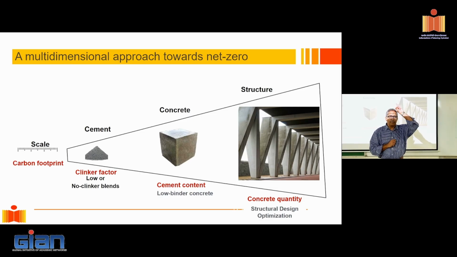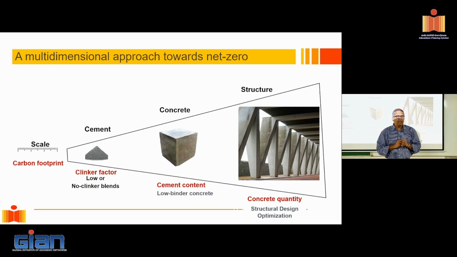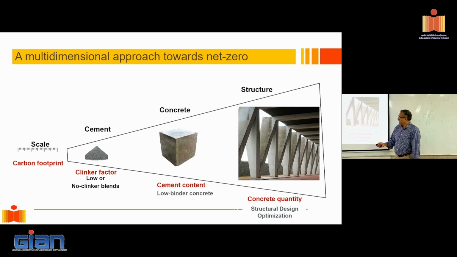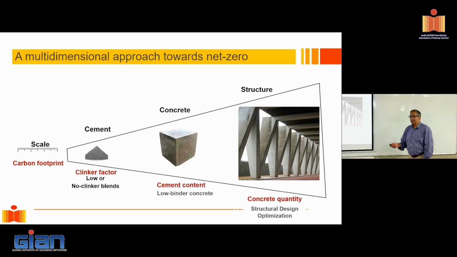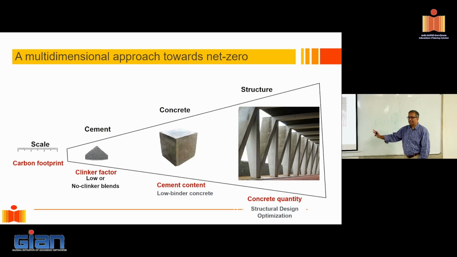Larger aggregate, better packing. If I really pay attention to that, what happens? My paste requirement goes down. What is paste made up of? Cement, isn't it? So I can actually start making concretes more efficiently. I use better packed aggregate, actually pay attention to the packing, right? And I start using larger sized aggregate to start with. That would help me with this. And there are a whole bunch of other tricks too that people are resorting to. But this is my scale two. I get some savings there.